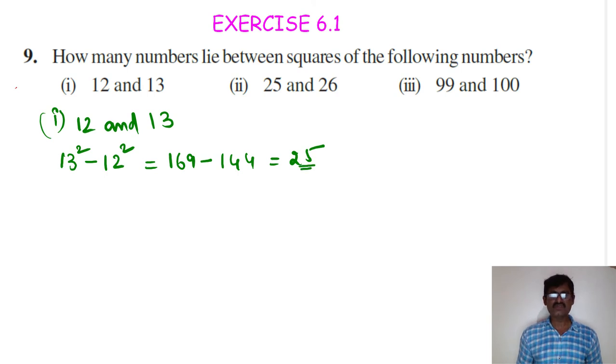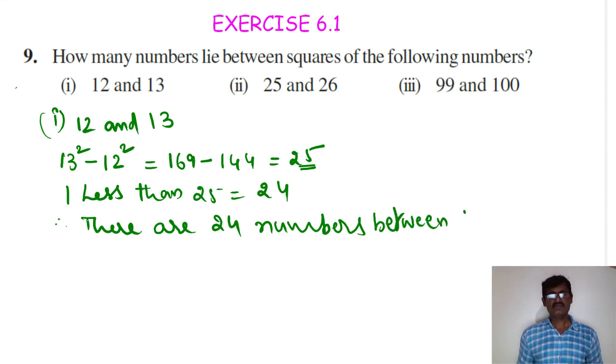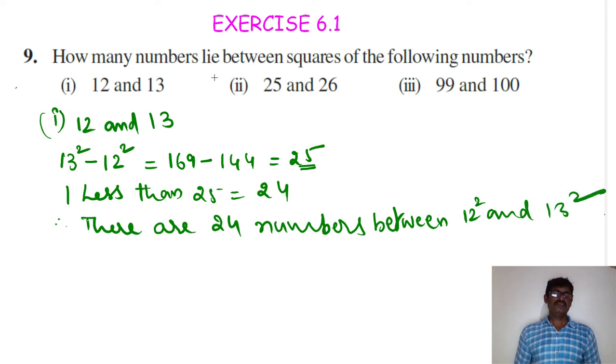So 1 less than 25 is 24. So there will be 24 numbers between 12 square and 13 square.